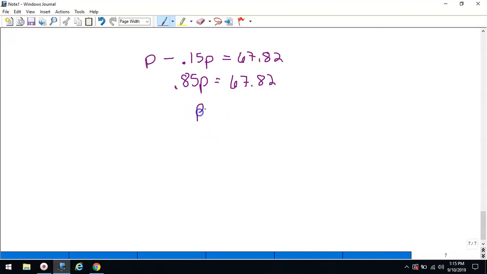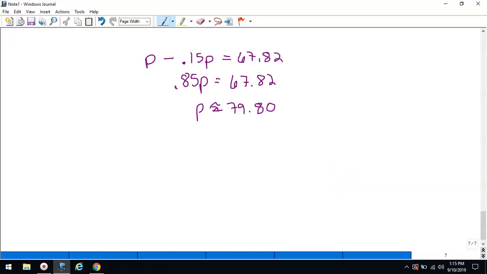So if I divide both sides by 0.85, we find out, and I'm doing this in the calculator while I'm talking, double check my math, because trying to make a video and do all of these other things, sometimes I'm going to make a mistake, that the original price was approximately $79.80. I'm rounding up there.